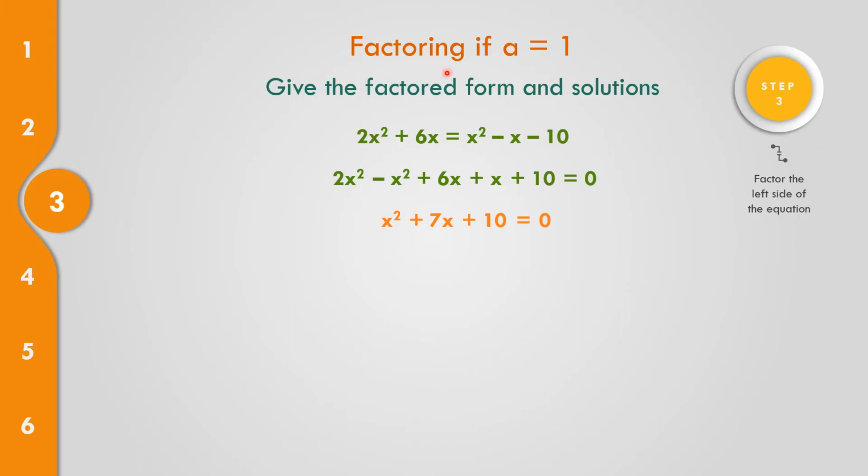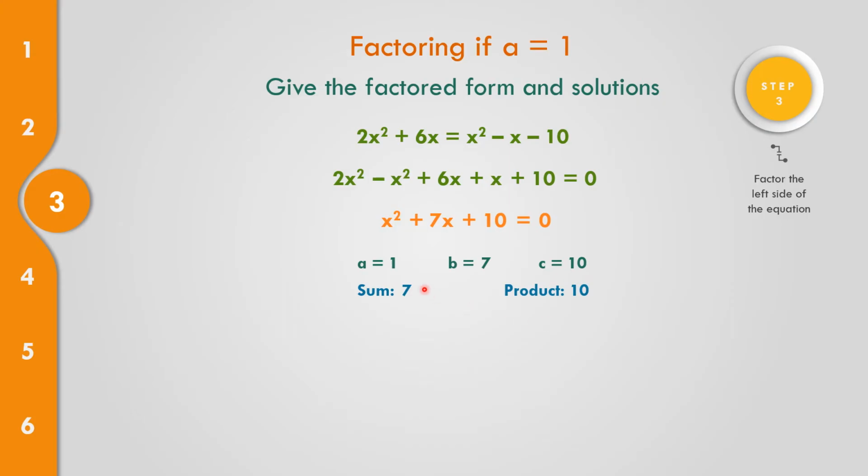As you can see, we need to factor when a is equal to 1. So let us see what could be the solution to factor when a is equal to 1. First, we need to identify a, b, and c. A is equal to 1, B is equal to 7, and then C is equal to positive 10. We need to get the sum that could be the value of B, that is equal to 7.